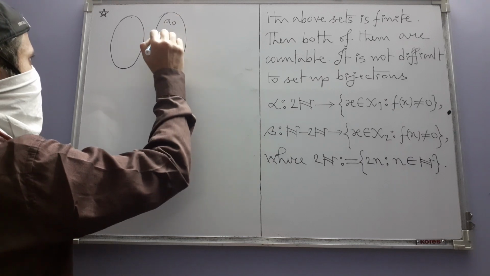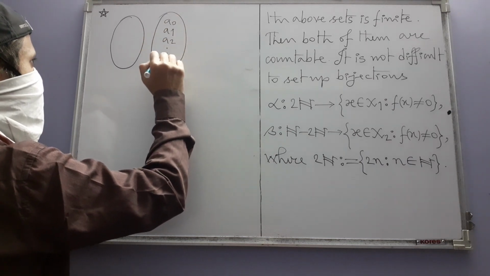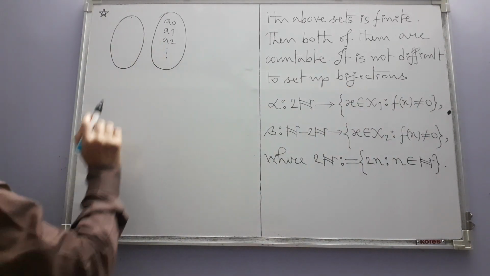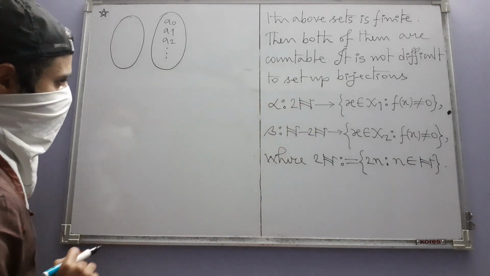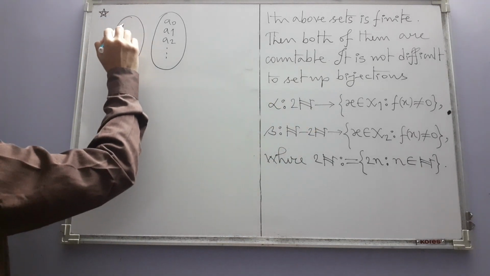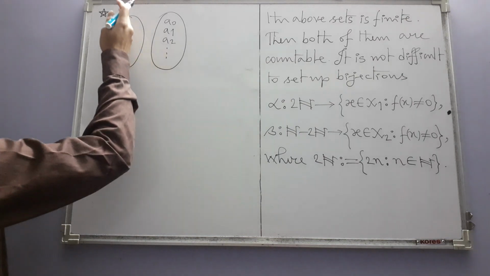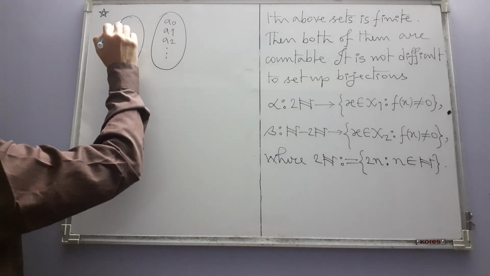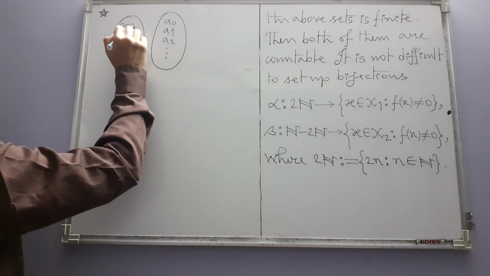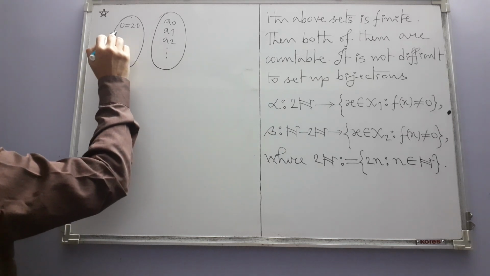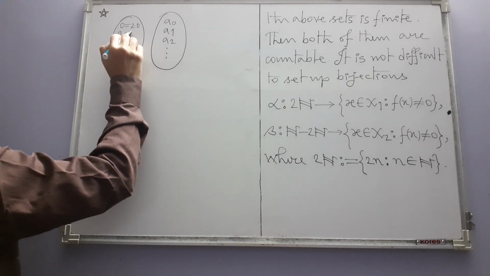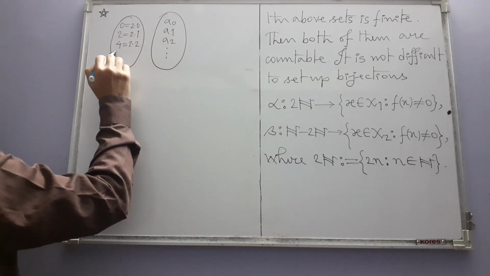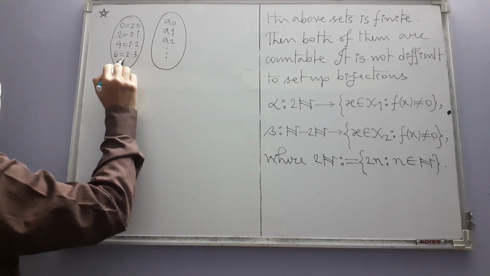A0, A1, A2 and so on. This is this set. On the other hand, you have the set of even natural numbers, which are of course 0, 2, 4, 6. So you can write 0 is 2 times 0, 2 is 2 times 1, 4 is 2 times 2, 6 is 2 times 3 and so on.